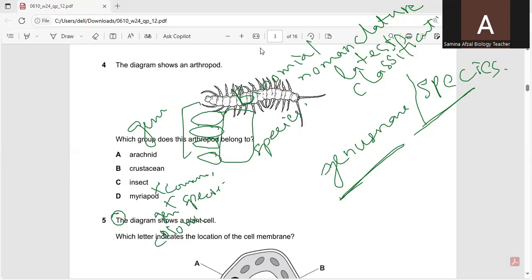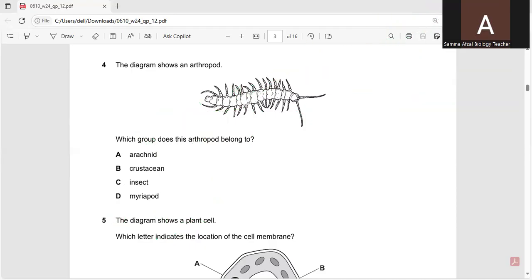Now question number 4. The diagram shows an arthropod. Which group does this arthropod belong to? Here you can see the arthropod which has been shown. It has many segments, each segment has a pair of legs, antennae are there, and the body is flat.